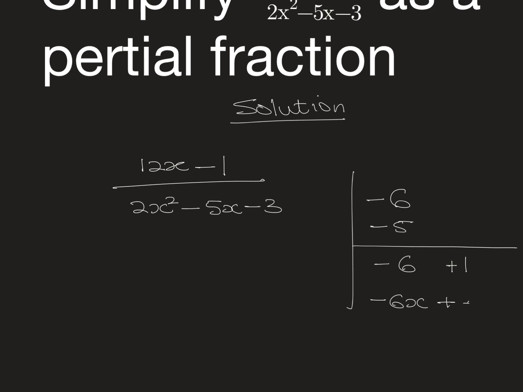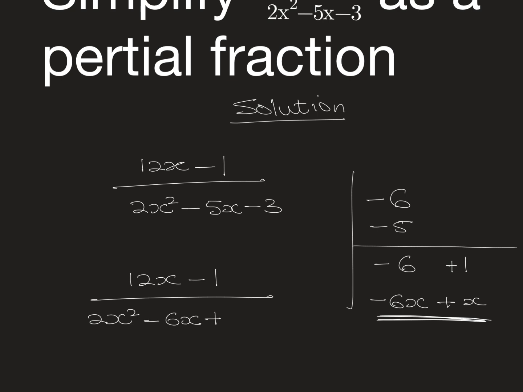It means this negative 6x plus x, I can write in the place of negative 5x. So that will be 12x minus 1 over 2x squared minus 6x plus x minus 3.